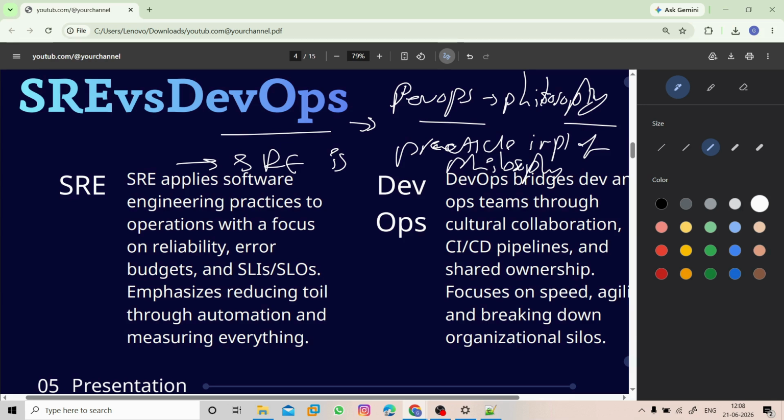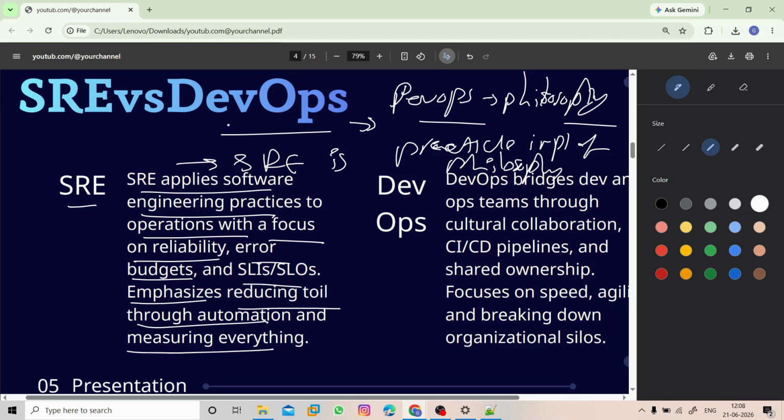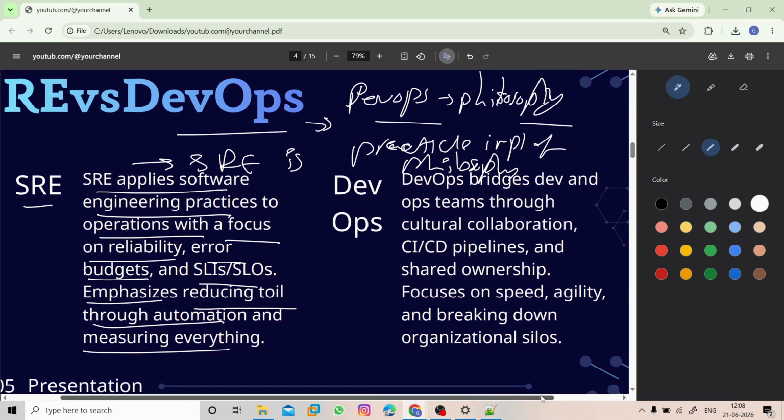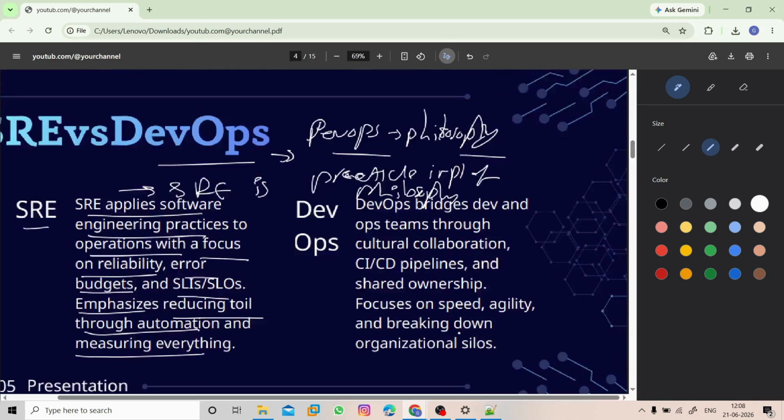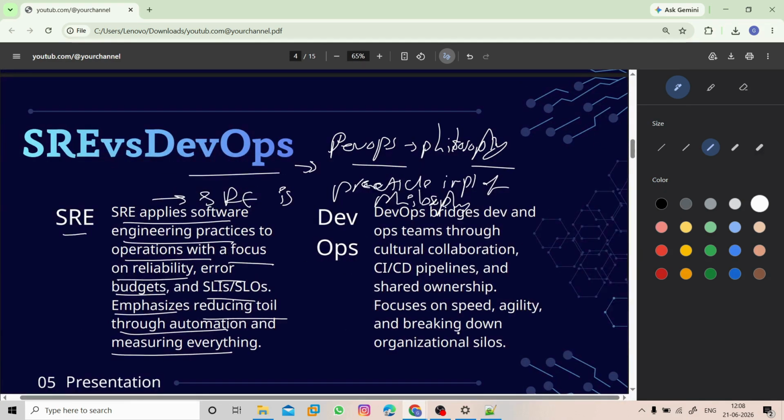You can see here, SRE applies software engineering practices to operations, with a focus on reliability, error budgets, and SLOs, emphasizing reducing toil through automation and measuring everything.